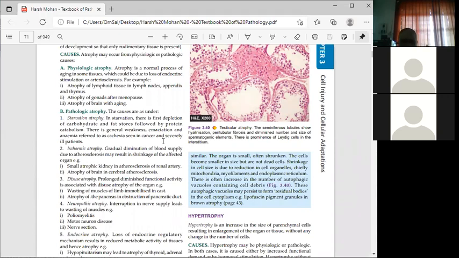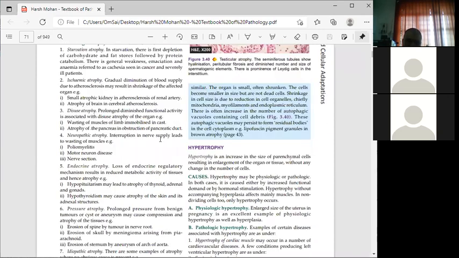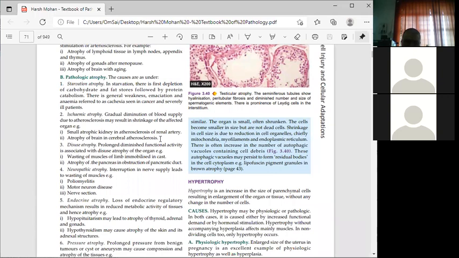That is cachexia, seen in cancer and severely ill patients. This is starvation atrophy, a pathologic atrophy.